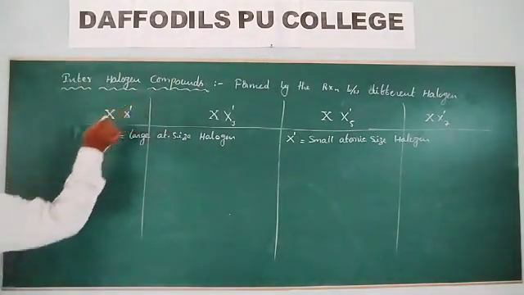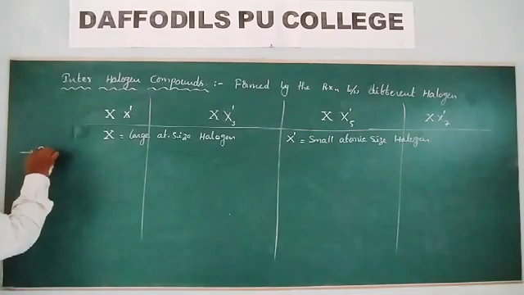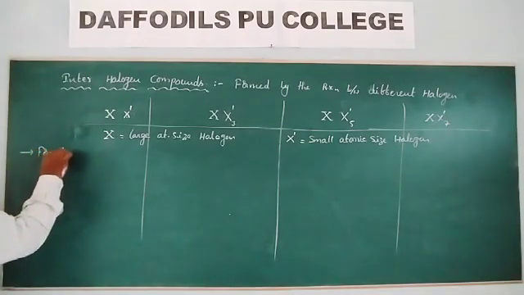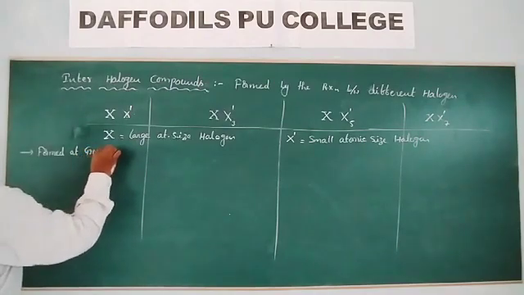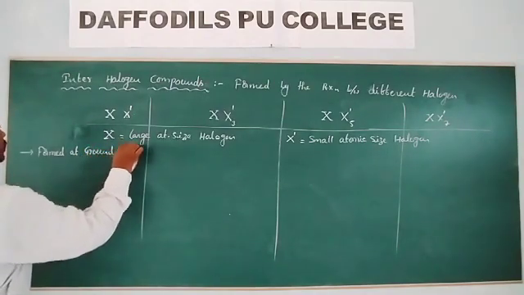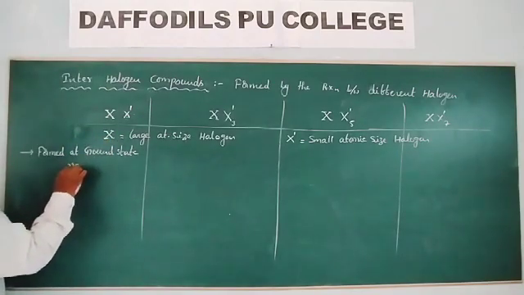So this XX dash compound is formed in the ground state. What is the ground state electronic configuration of halogens?